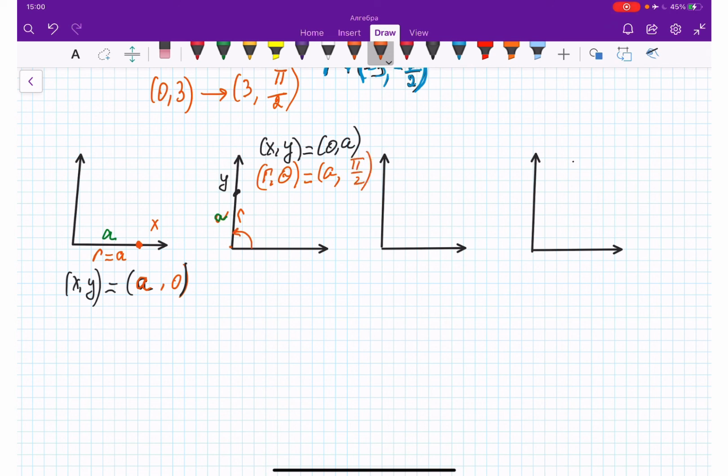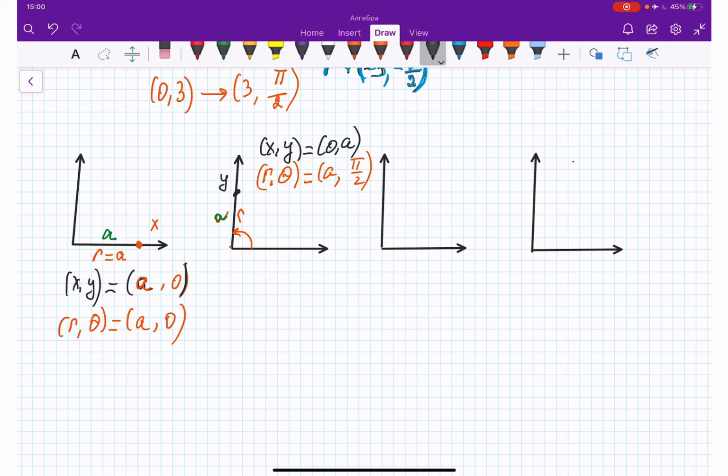I forgot to write down the polar one for the first case: r is equal to a, and the angle is 0.